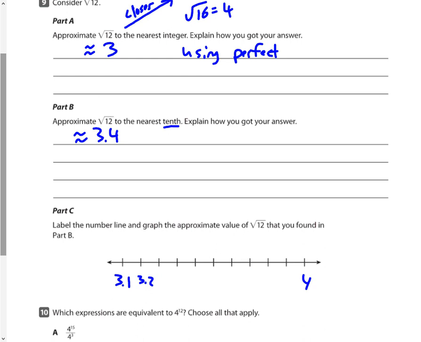So 3.2, 3.3, 3.4. And you can check your calculator to see what it actually is. Square root of 12, I get 3.46. So the square root of 12 is like 3.46-ish. So I'm going to say it's right about here.